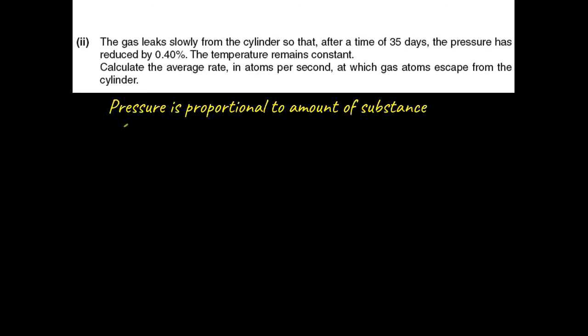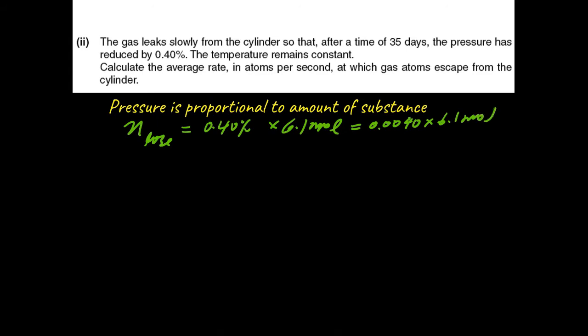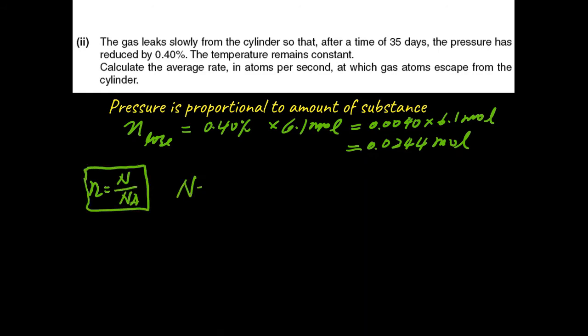So the n lost equals 0.40% times 6.1 mole, which is 0.004 times 6.1. That gives us 0.0244 mole. As we know, mole number equals total number of particles divided by the Avogadro constant, and the total number of particles equals mole number times the Avogadro constant.